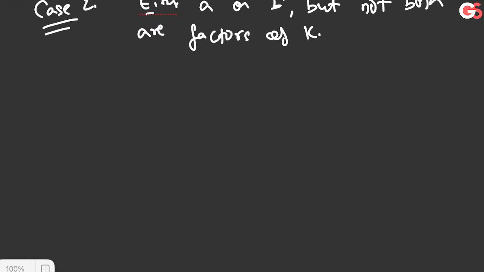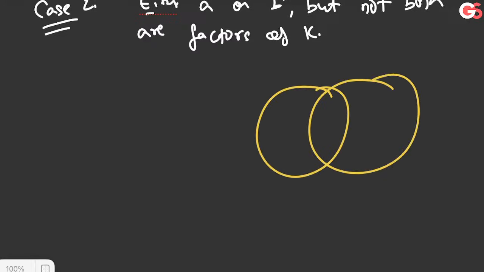See, this is pure mathematics. Let's say this set represents A, this represents B. So all the elements that are here, here, and here, we call them A or B, which is nothing but A union B in set theory, right? But here I want this and this. I don't want this.